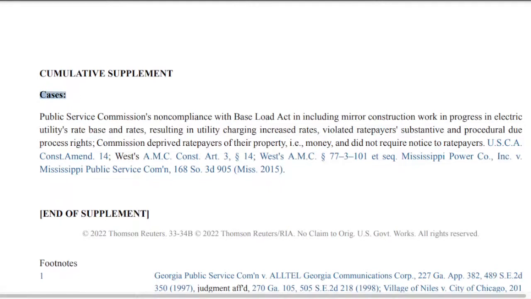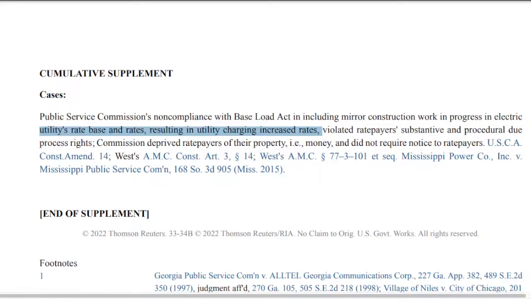If they're listing cases and laying this out, this is a story in itself. You've got to read into this. Okay, so the Public Service Commission's non-compliance with, like, they have to know about this Baseload Act, and including mere construction work in progress in electric utilities, rate base, and rates, resulting in utility charging increased rates.